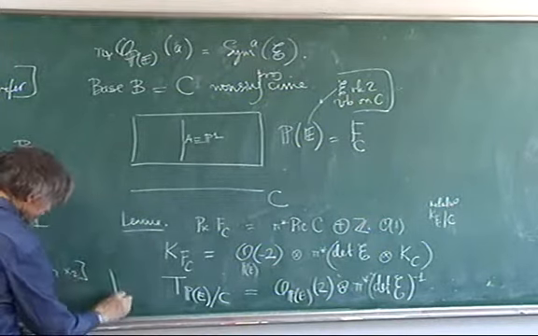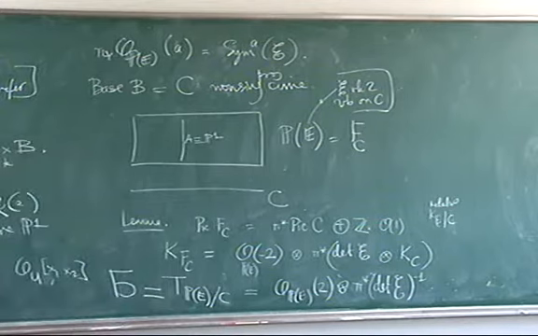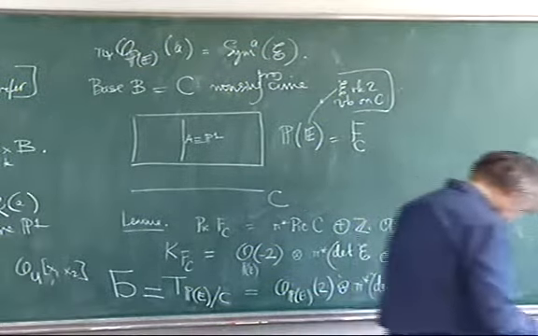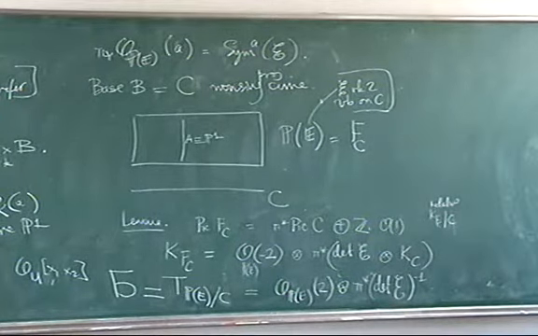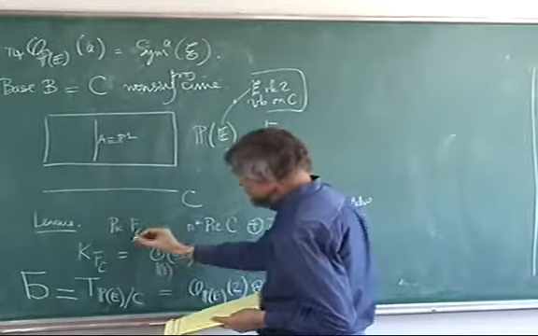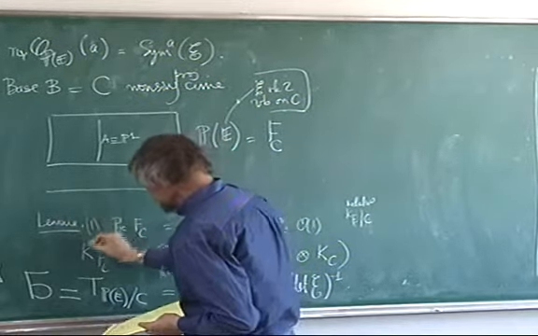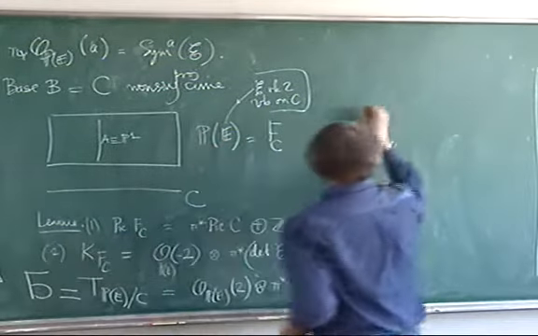This is called B. This is the Bogomolov discriminant. And when I do this construction, if you want to number these, this is 1, 2, 3.